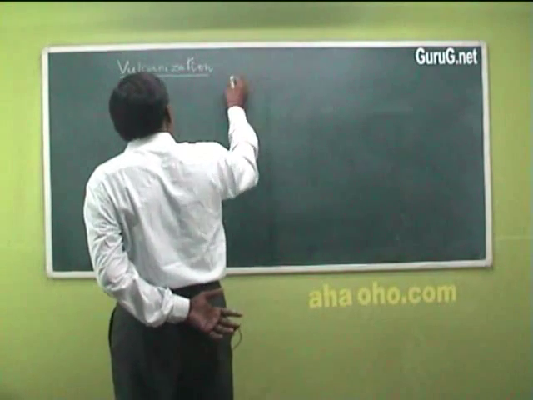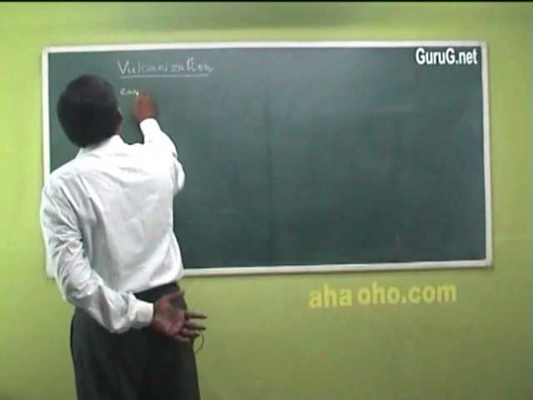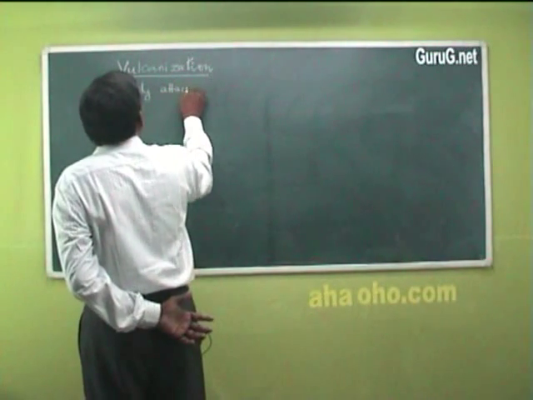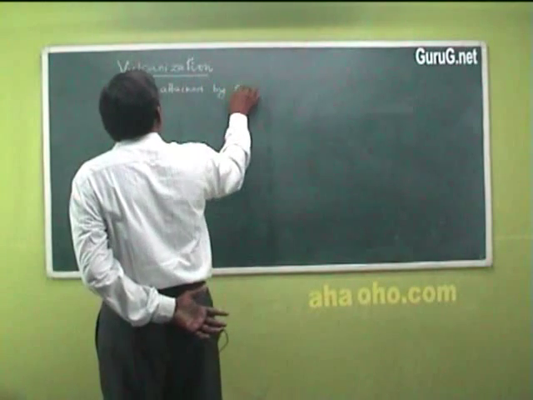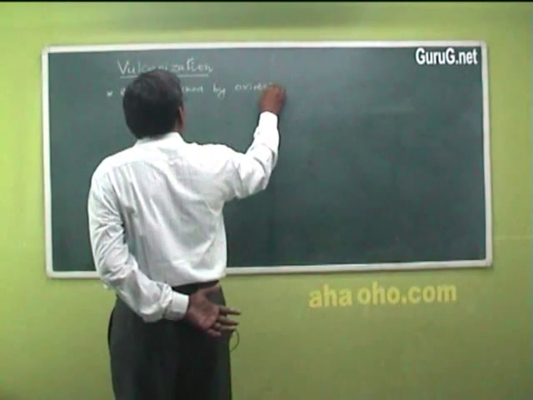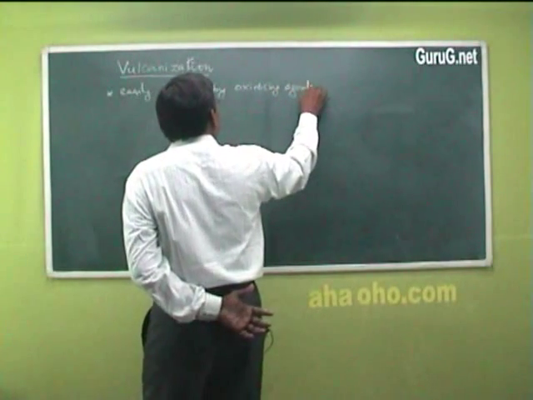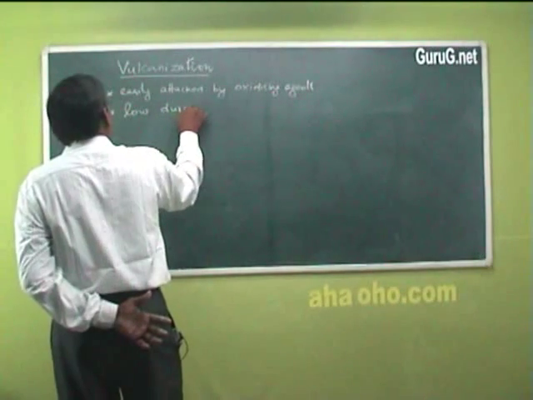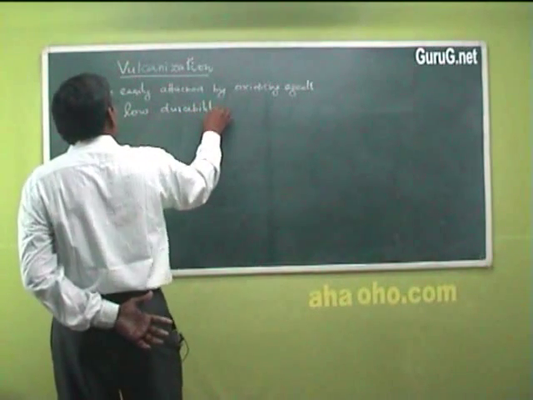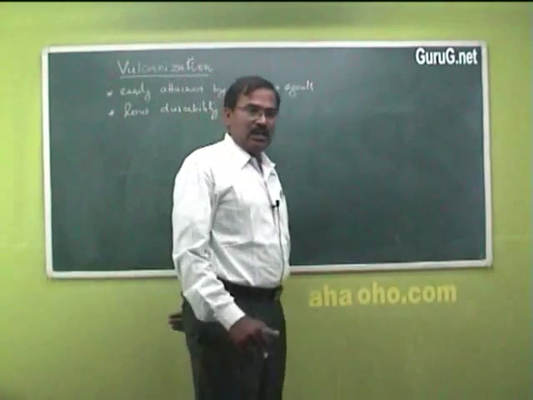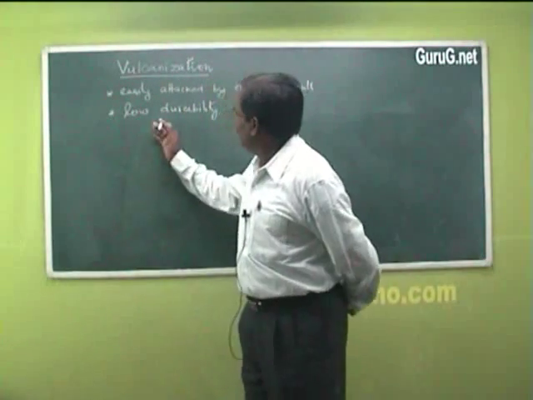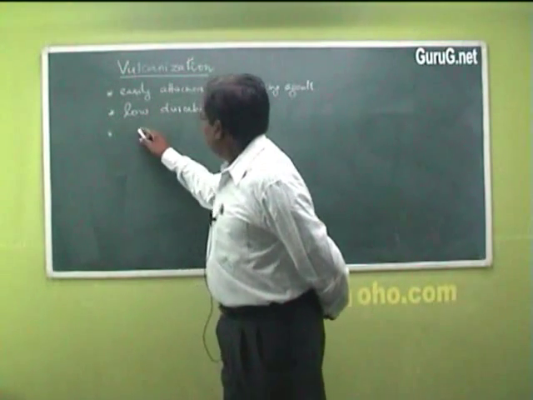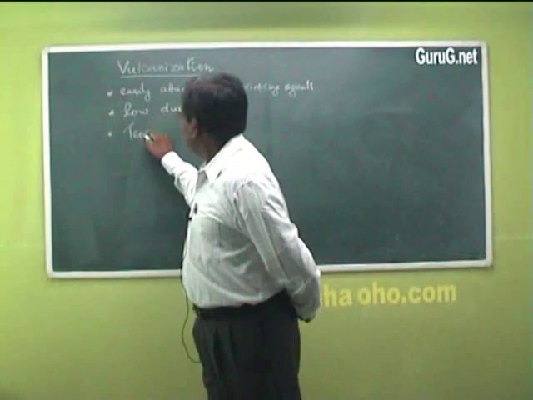The first one is they are easily affected by oxidizing agent, and they have low durability. If you make any material with this unprocessed raw rubber, the durability of the material is very less, and it does not have that much high tensile strength.